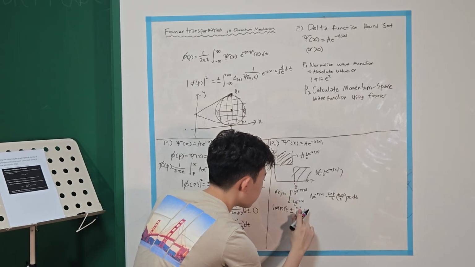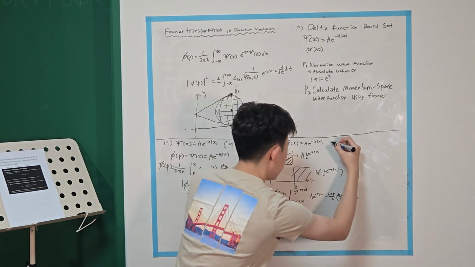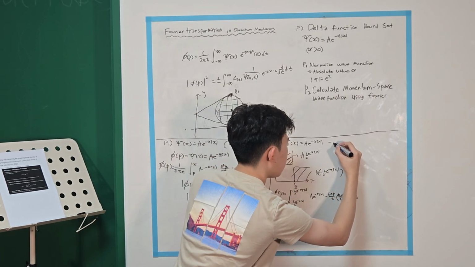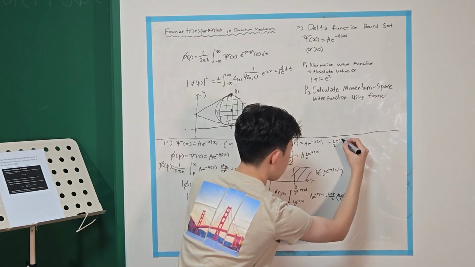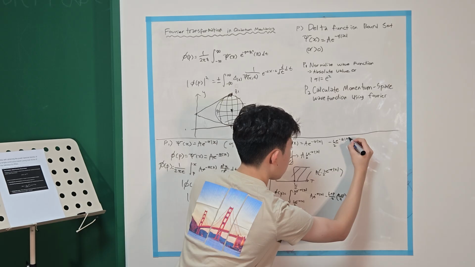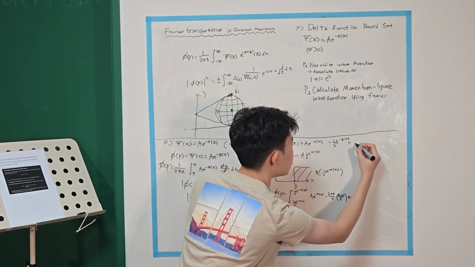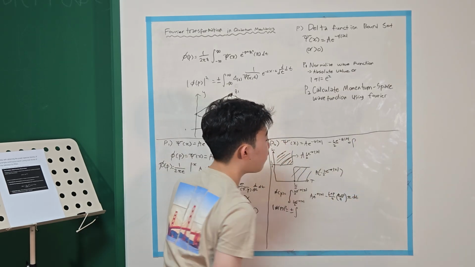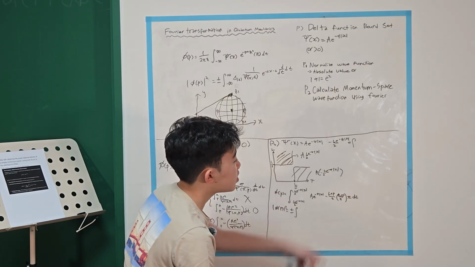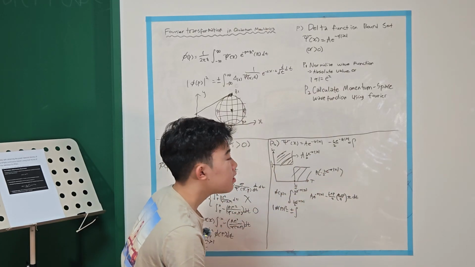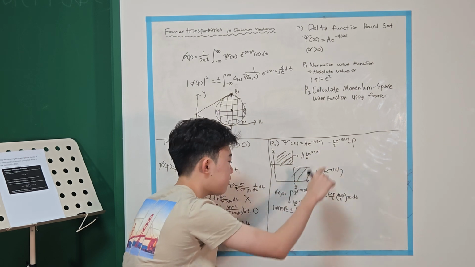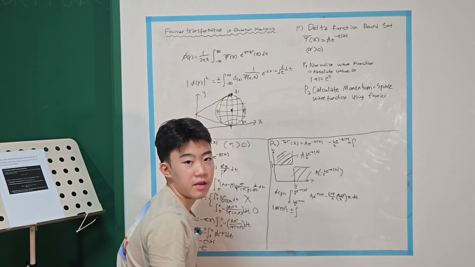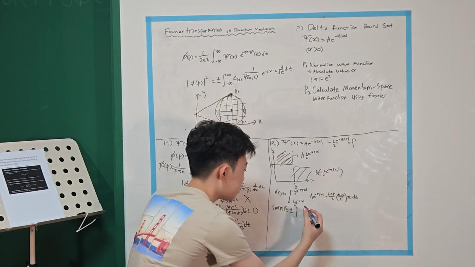So what we're going to do is we're going to put this as rho. If we put it as rho, it'll be much easier. Why I put negative is because this is the positive actually. It's not negative, this is positive.